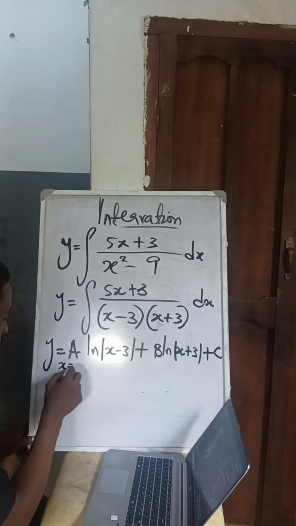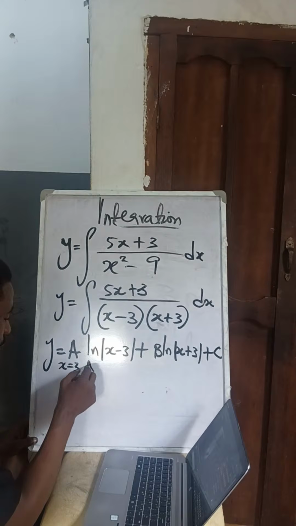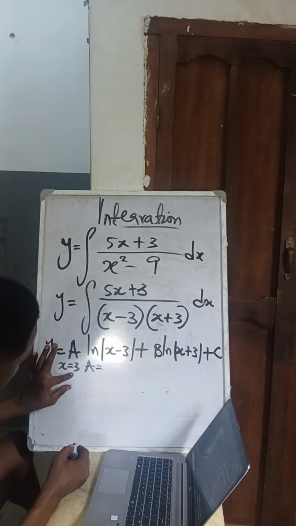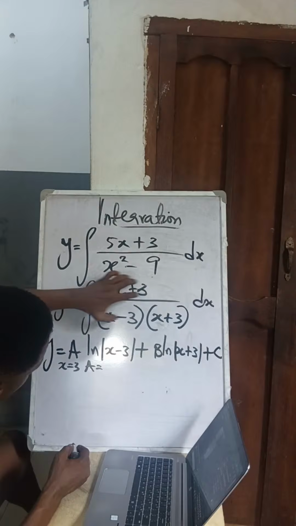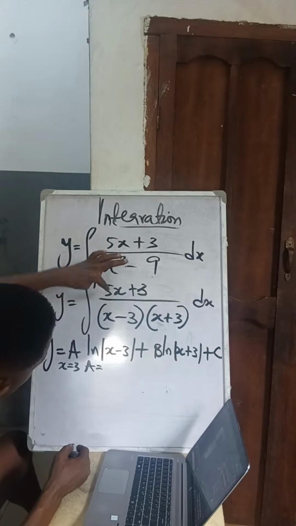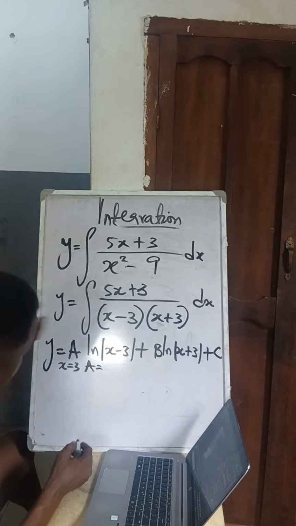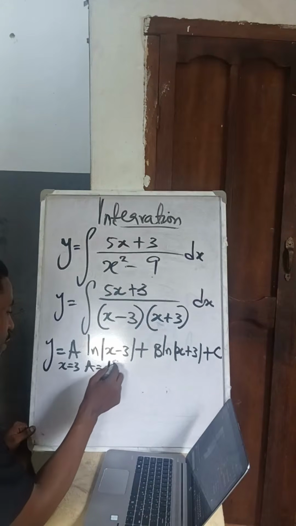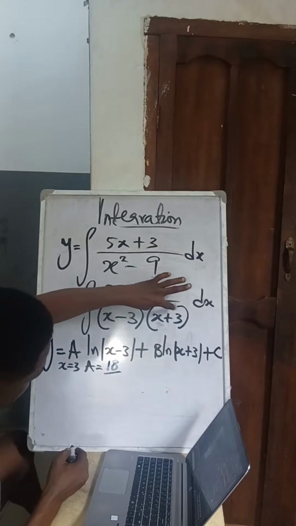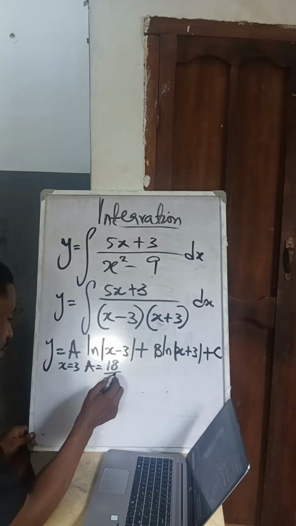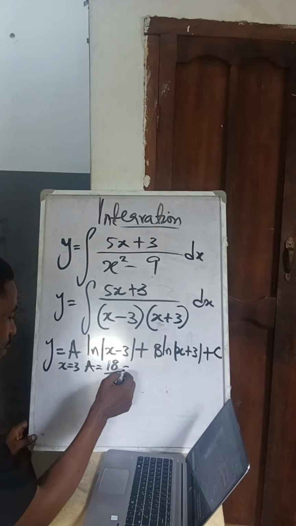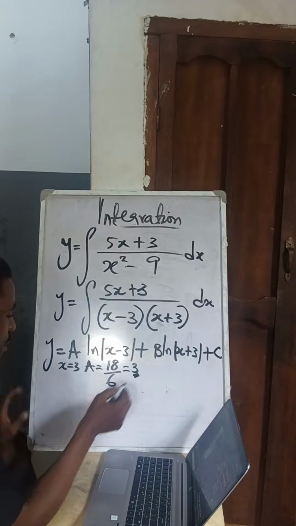So x is equal to 3. Now pick 3, put it in every part of this except x minus 3. So we say 5 times 3, 15. 15 plus 3, 18. So we write 18 over 3 plus 3, 6. 18 divided by 6, 3. You keep it for A.